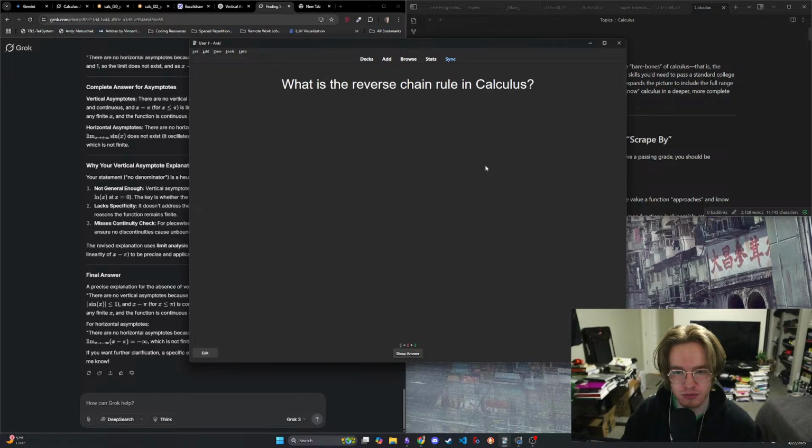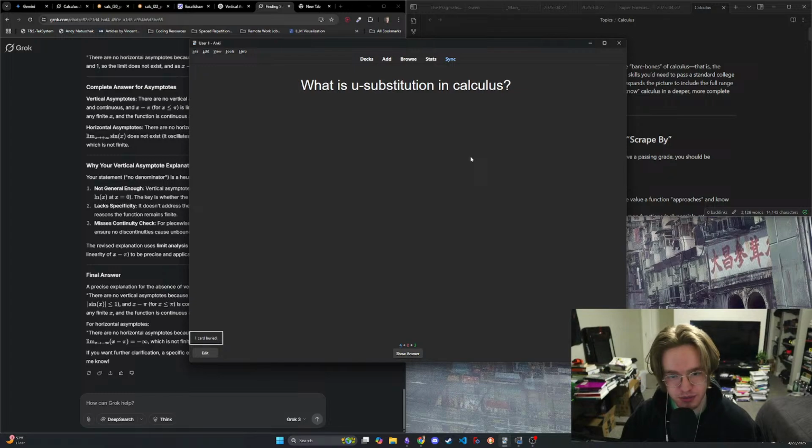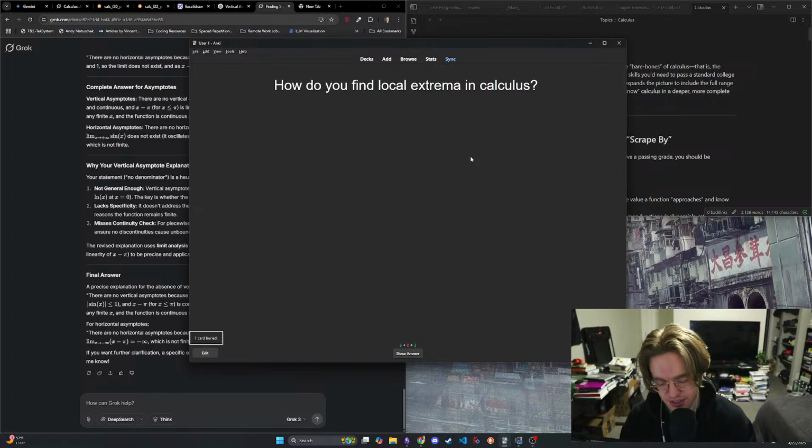Oh, we need a little bit more zoom. Okay, local extrema. You find them through taking the second order derivative and finding all spots where the second order derivative is 0.